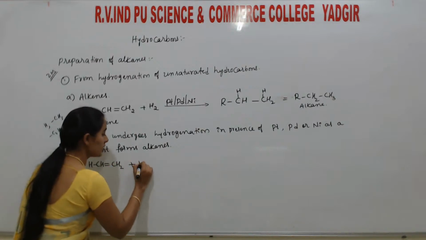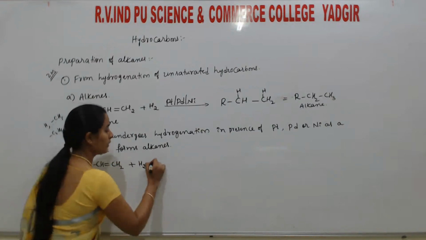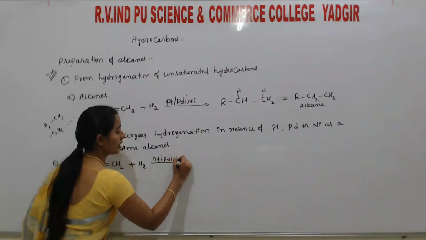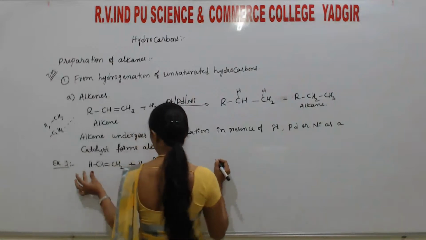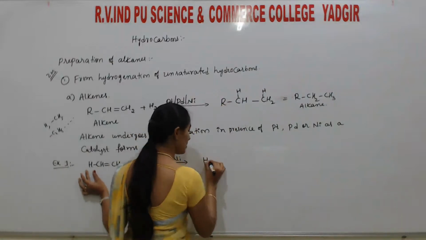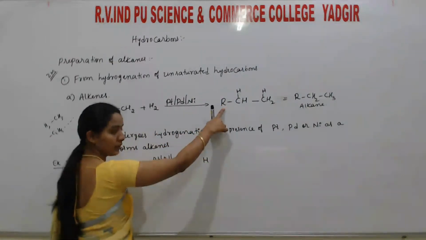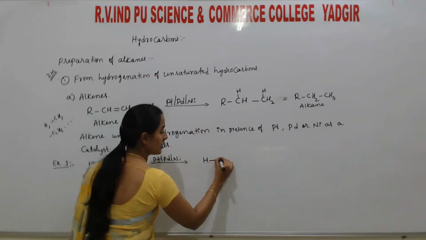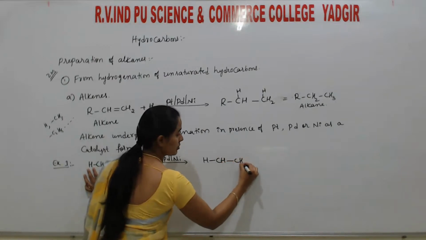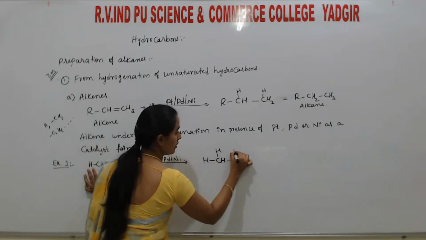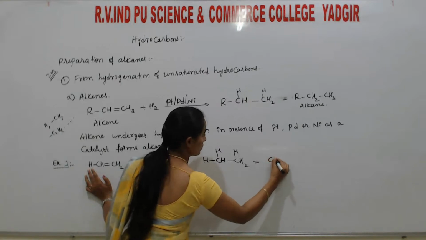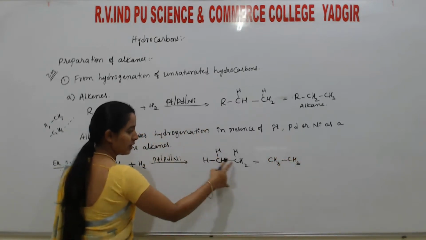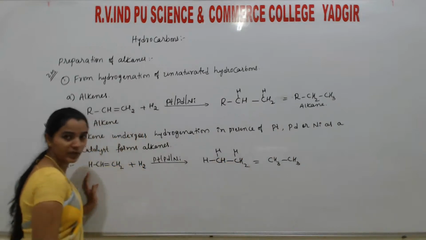Here hydrogenation takes place in presence of platinum, palladium and nickel as a catalyst. In the place of R, H is there. Just compare with the general reaction. That gives CH3 single bond CH3. Correct?